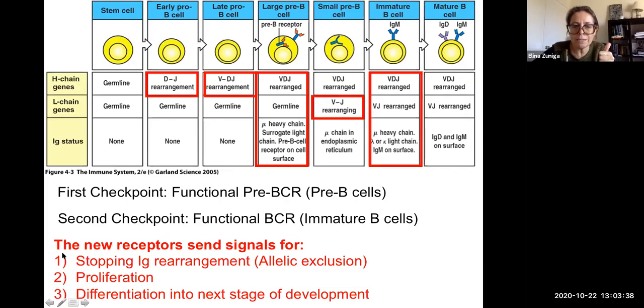The first outcome is the one I just explained in the previous slide: it will induce the stop of the immunoglobulin rearrangement. It will reduce the expression of the RAG proteins by reducing their transcription, or promoting degradation of the RAG protein, and other mechanisms.